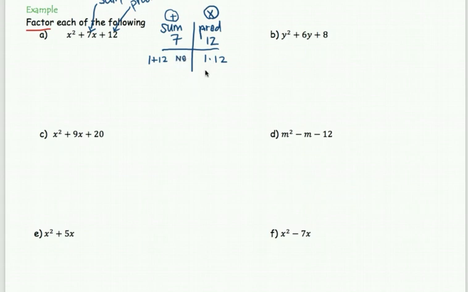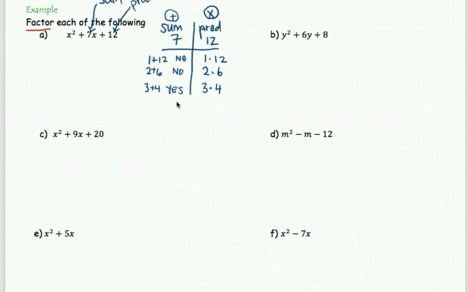Let's go to the next one: 2 times 6. 2 times 6 will multiply to make 12, but if I add those two numbers, will they make 7? No. Then we go to the next one, 3 times 4. Will those multiply to 12? Yep. Will those add to 7? Yes, they will. So we finally found our two numbers.